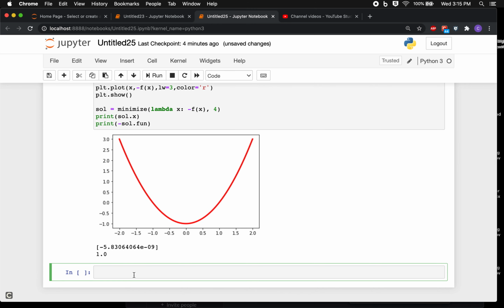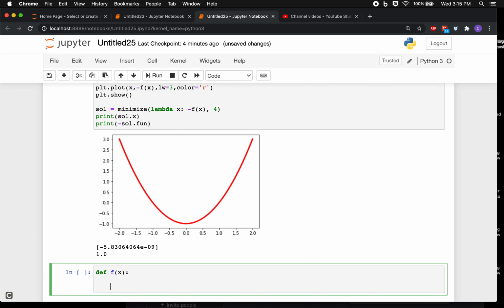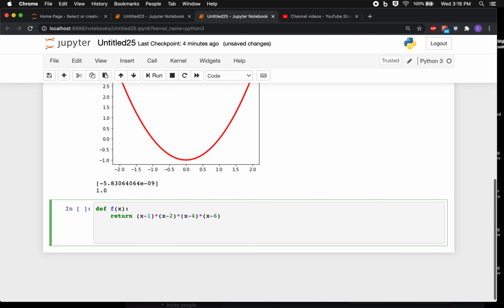All right. So the other thing about optimization is I mentioned it's iterative and it's local. Let's consider this function, x minus 1 times x minus 2 times x minus 4 times x minus 6. Let's just plot this function.